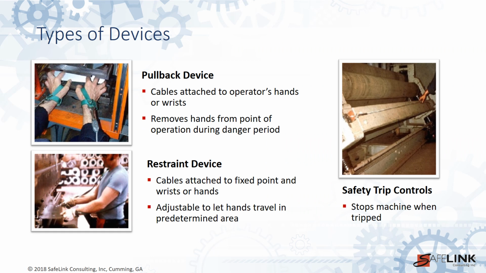Examples of types of devices include a pullback device, where cables are attached to the operator's hands or wrists. It removes the hands from the point of operation during a danger period. A restraint device: cables are attached to a fixed point and wrists or hands. It is adjustable to let the hands travel in a predetermined area. Safety trip controls stop the machine when tripped.